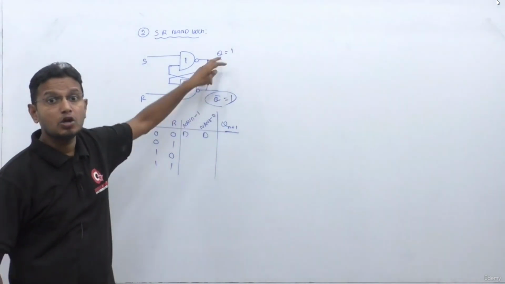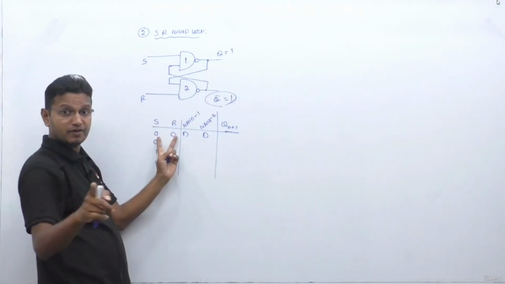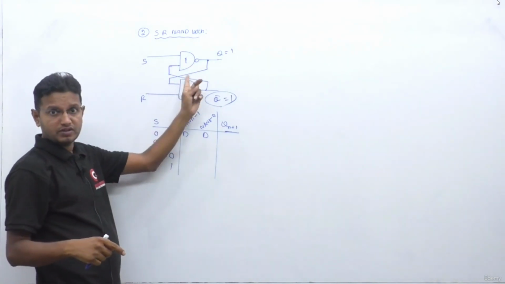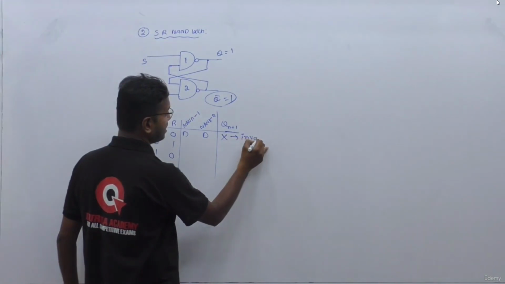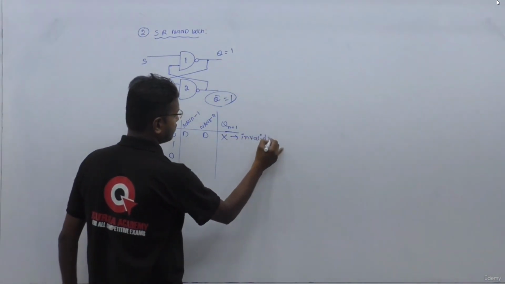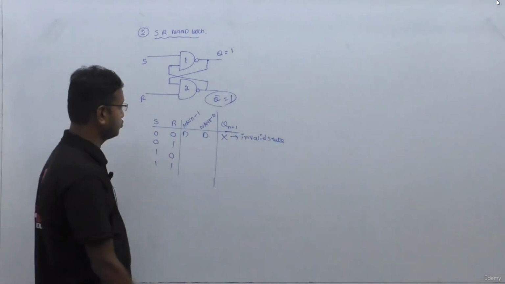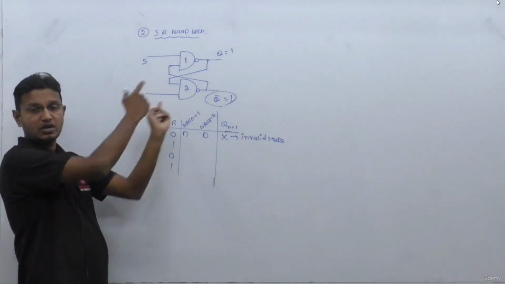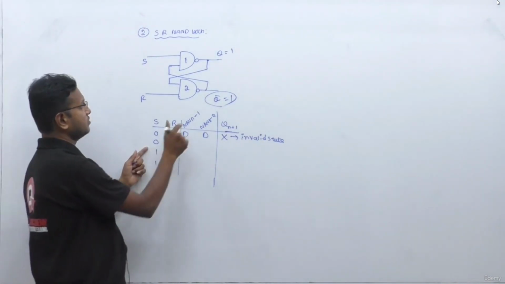Since it is violating the laws of Boolean algebra, the circuit is violating the laws of Boolean algebra. So never give S equal to R equal to 0 for this NAND latch. We say the circuit has entered into an invalid or useless state. We call this an invalid state, forbidden state, or indeterminate state. So never give S equal to R equal to 0 for the NAND latch, and never give S equal to R equal to 1 for the NOR latch. Now just see the next one.